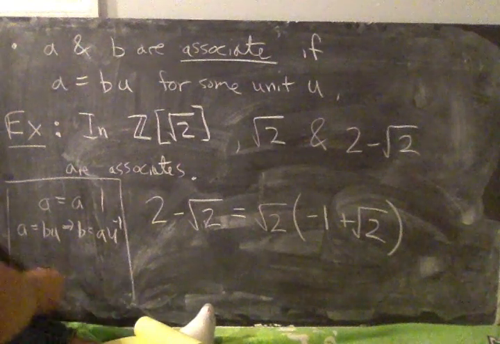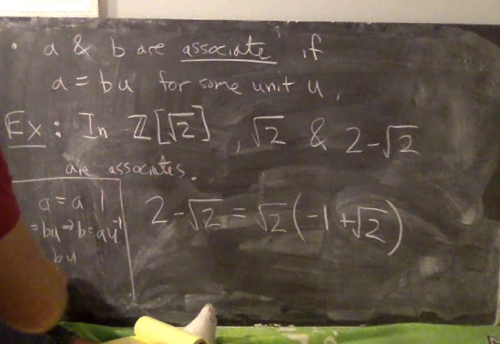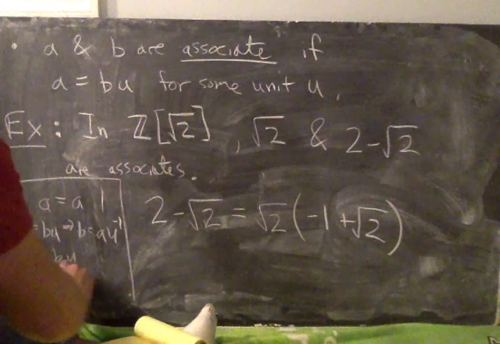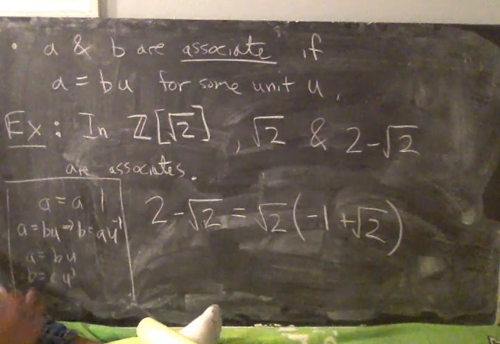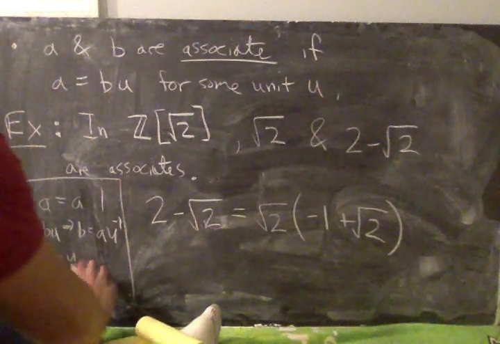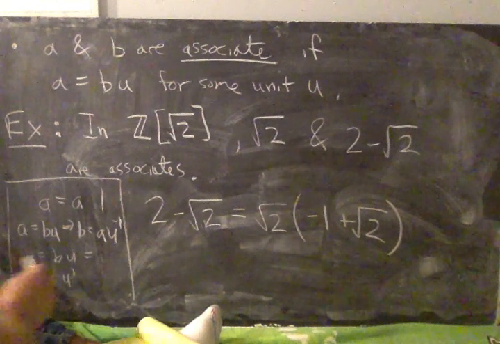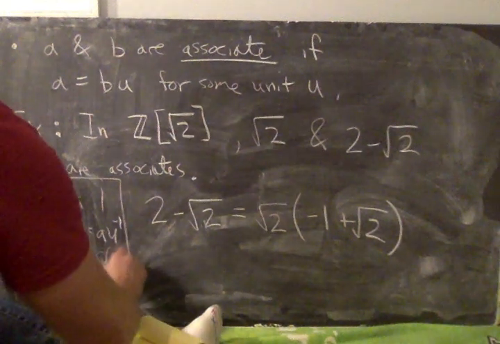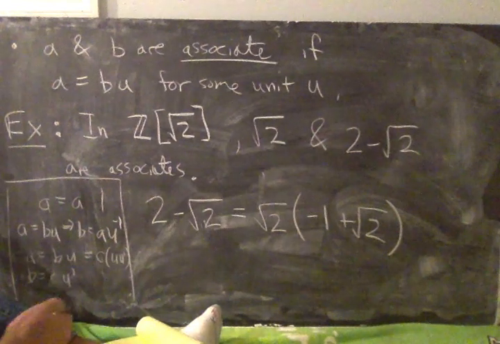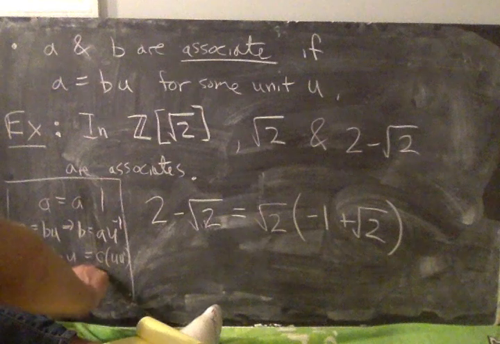And you can also check, so if a is equal to bu and b is equal to cu prime, then just plugging this thing into here, we get that a is equal to c times u prime, right? And product of units is a unit, so we have a is equal to c times a unit.